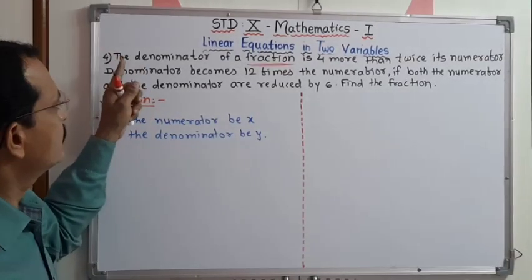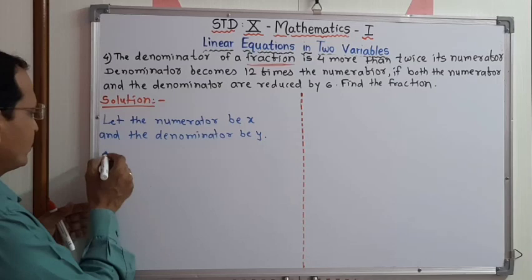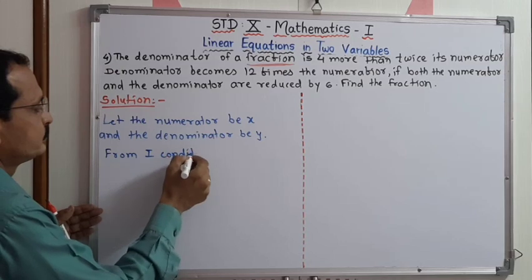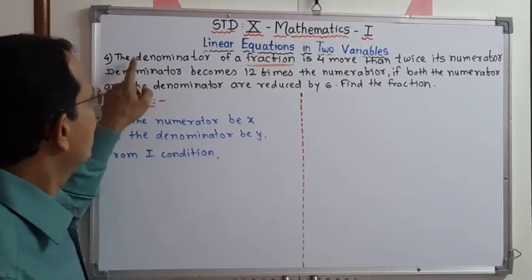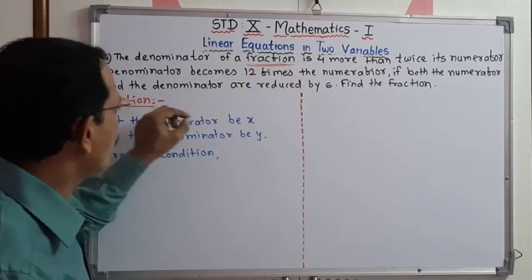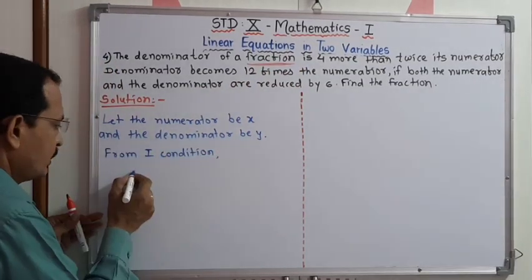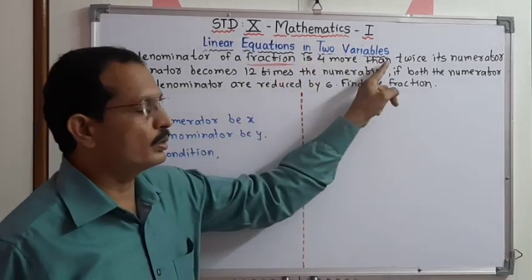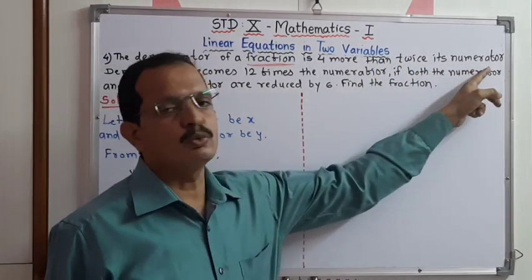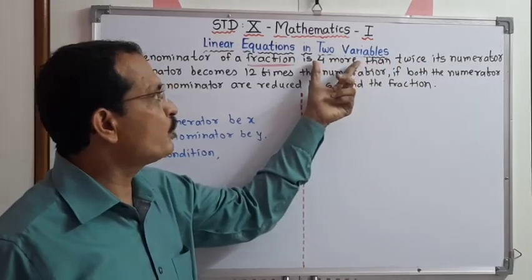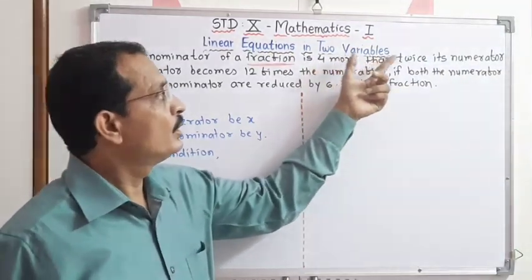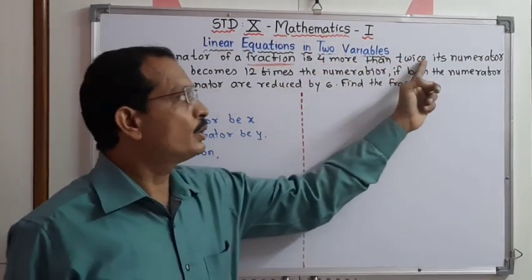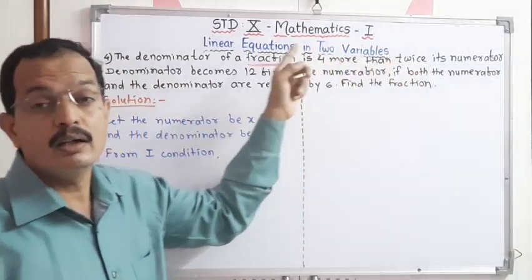Now see the first condition. Therefore we have to write here from first condition. See the denominator of a fraction. Denominator of a fraction, it is y. We have to write here y. How is it? It is 4 more than twice its numerator. That means if we add 4 to twice its numerator, we get the denominator.